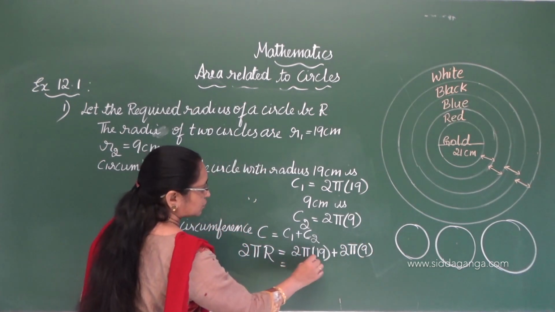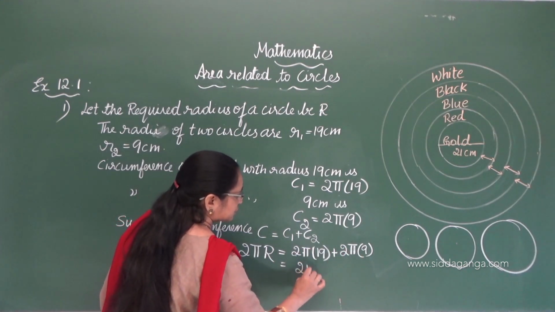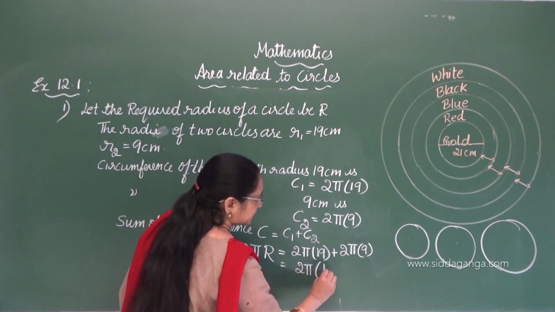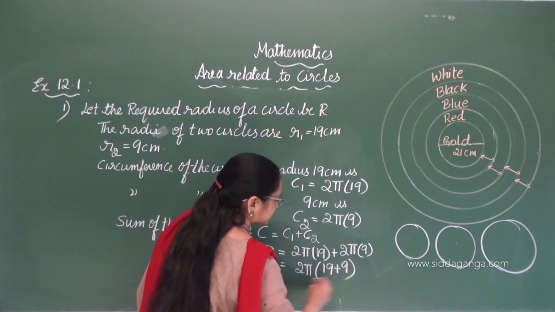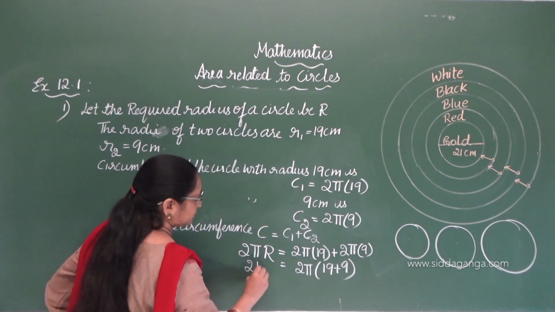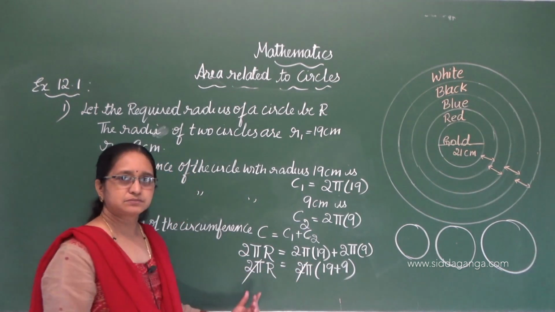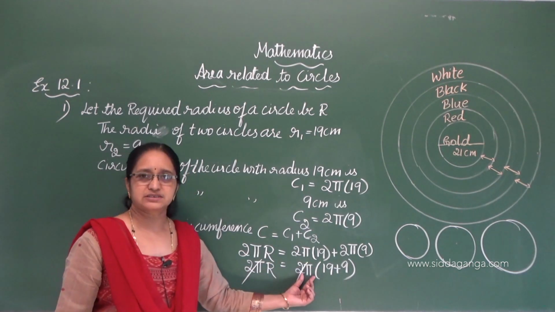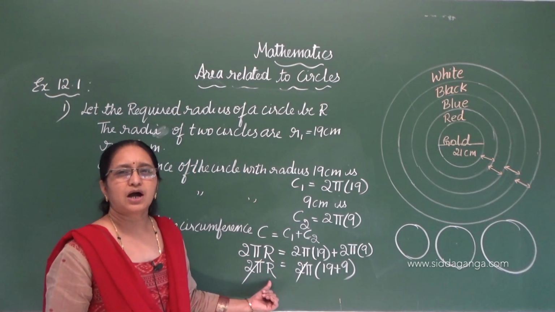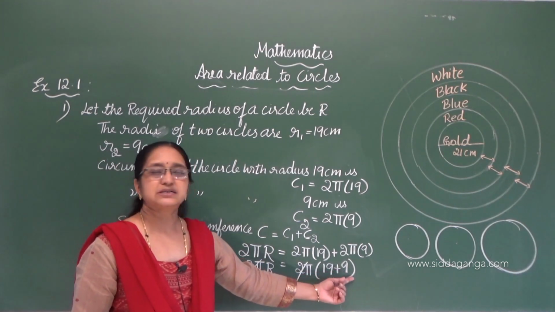Here we have 2 pi common, so 2 pi into 19 plus 9. Here also we have 2 pi r. So can I cancel 2 pi and 2 pi? So 2 pi and 2 pi get cancelled, giving r is equal to 19 plus 9.